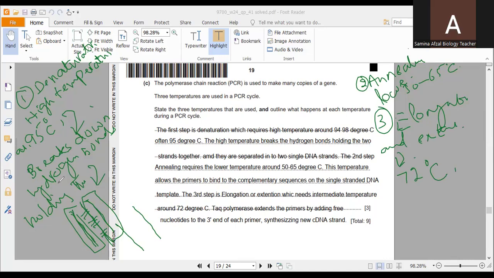Taq polymerase extends the primers by adding free nucleotides to the 3' end of each primer, synthesizing new complementary DNA strands. This results in the creation of two new double-stranded DNA molecules.